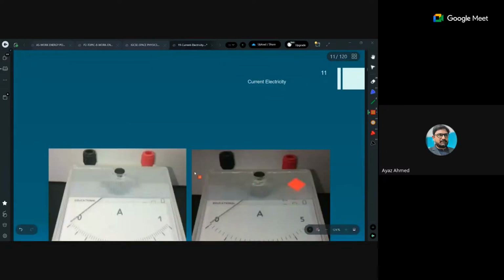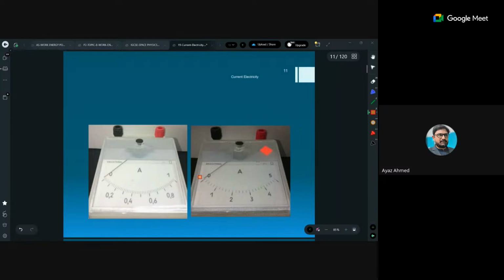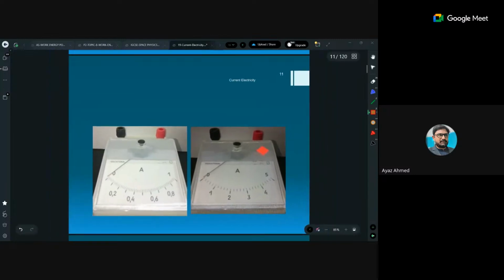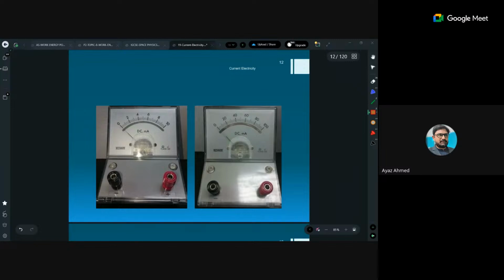So you have to remember one thing from this slide, that an ammeter is always connected in series with the battery and the appliance, right? Then this is the small ammeter. With that one we can measure a very small amount of current. It is DC, meaning it measures direct current, and it measures milliamperes, small current.